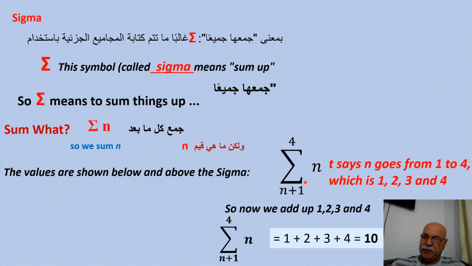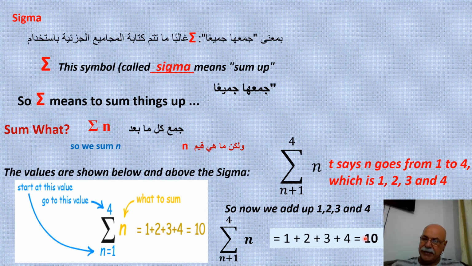You see the answer for this sigma example: the element n starts from 1 to 4, 1 plus 2 plus 3 plus 4 is 10. So the result is 10, like this.